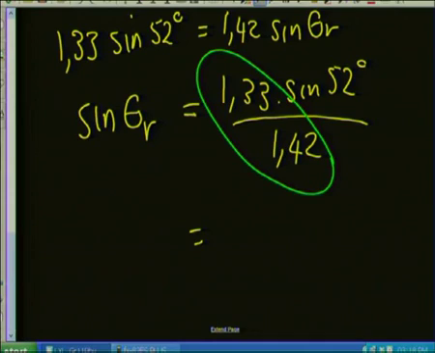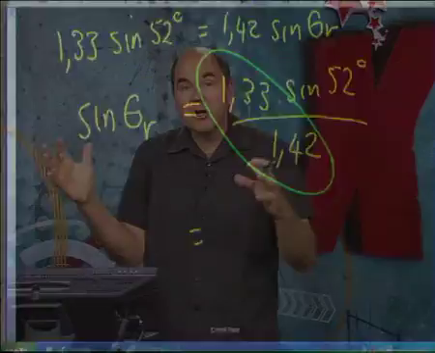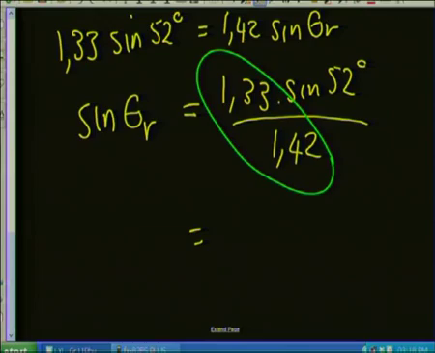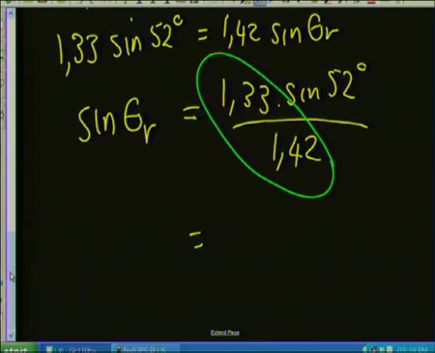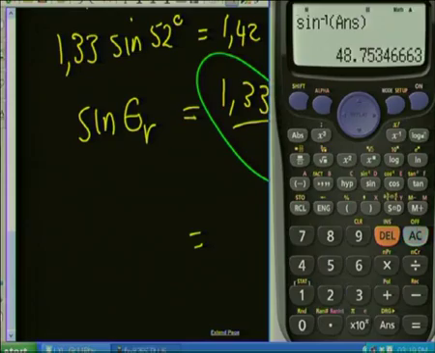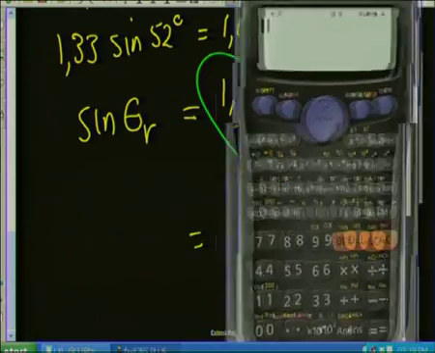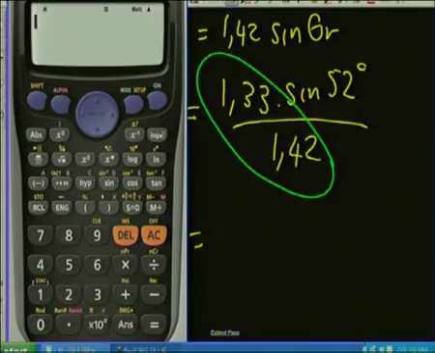A fraction times the sine of 52 is going to give you a smaller number. So we're predicting that the angle should be smaller than 52. And we'll have a look and see how we can apply that and make sure that we've got it right. So let's just check exactly what is going to happen. Sometimes our predictions don't work out, but let's particularly take this one and let's see how we go.